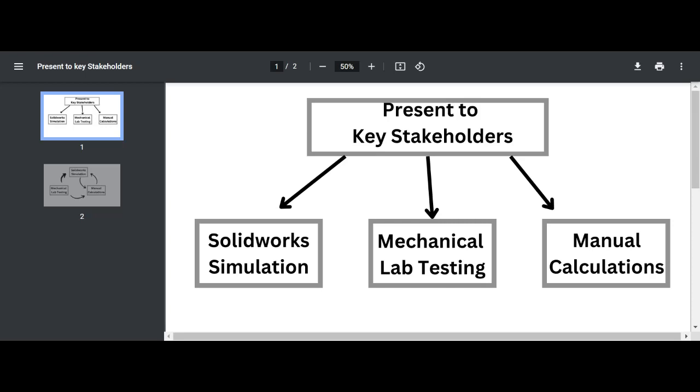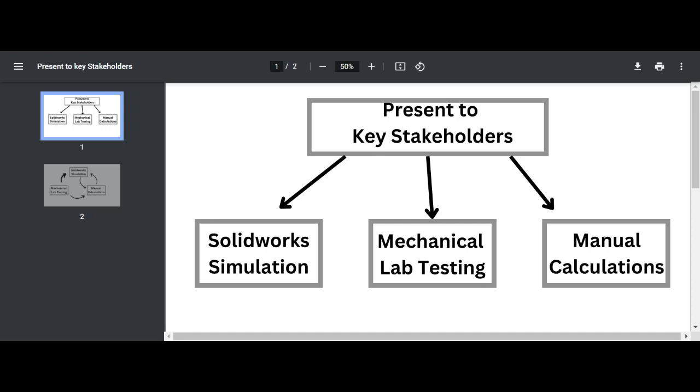One is the one that we're most familiar with in the SolidWorks channel: simulation, running FEA analyses, whether it's static or dynamic, and getting an outcome based on post-processing.